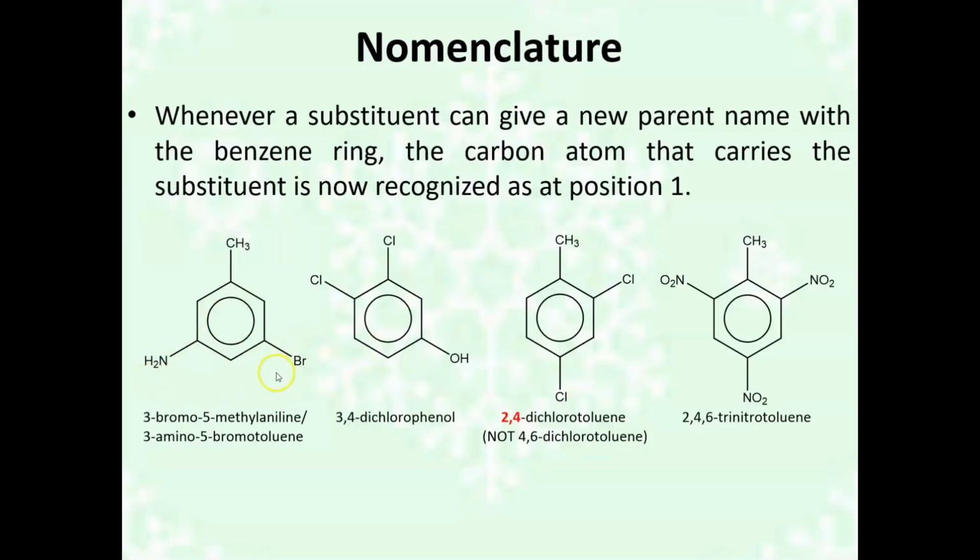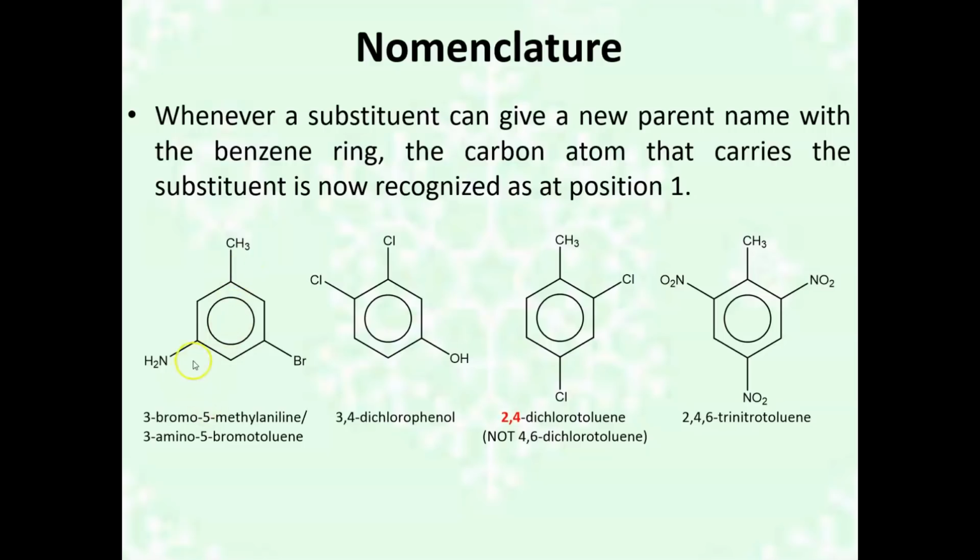Another substituent, bromine, attached to the benzene ring, will not give any new parent name, so the carbon with bromine definitely will not be at position 1. So for this example, we have 2 answers. If you choose toluene as the parent name, then the CH3 will be at carbon number 1.